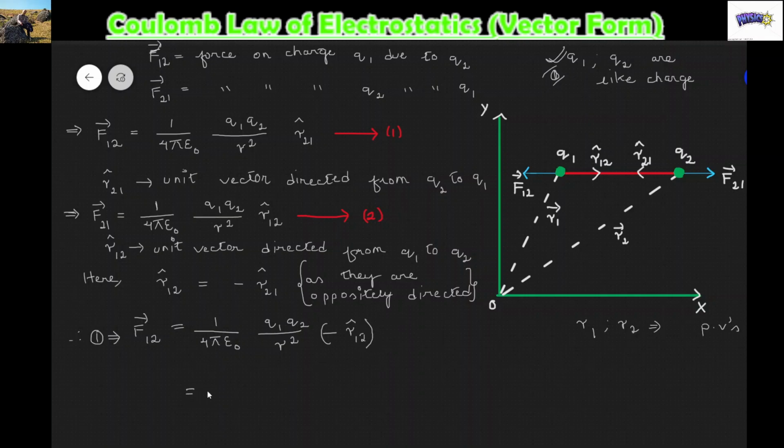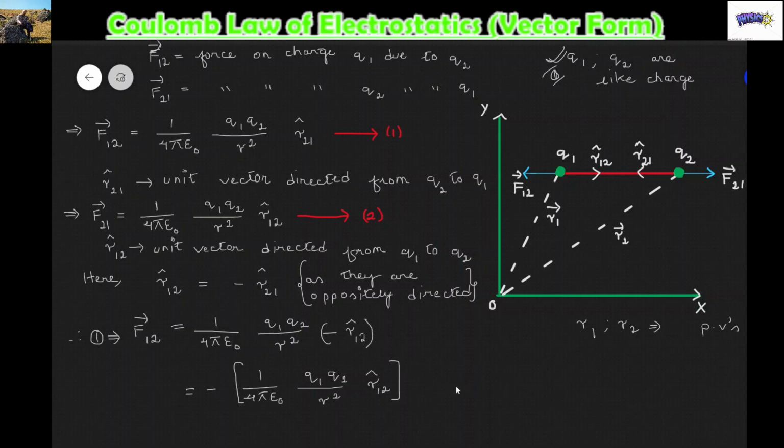Now, when you reduce this equation, we take this negative sign outside, and we have the expression 1 by 4 pi epsilon naught Q1 Q2 divided by R square, and the unit vector will be R12 cap. Now, what is this term inside the bracket? This term inside the bracket is nothing but the RHS of equation 2, which is F21.